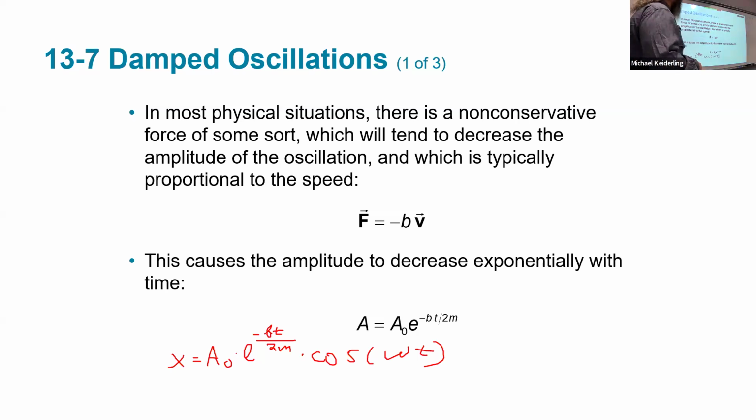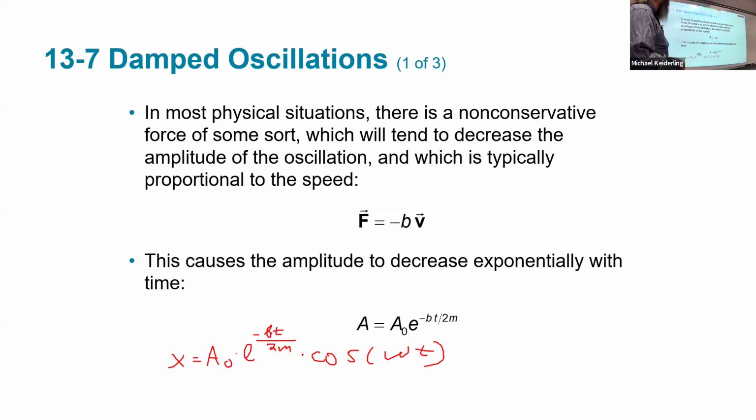So the amplitude is A naught. If you just have this equation, the solution looks like amplitude equals A naught, the original amplitude, times e to the minus bt over 2m. If you include the oscillation, you get something that looks like x equals A naught times e to the minus bt over 2m times cosine omega t, where omega is the natural oscillation frequency.